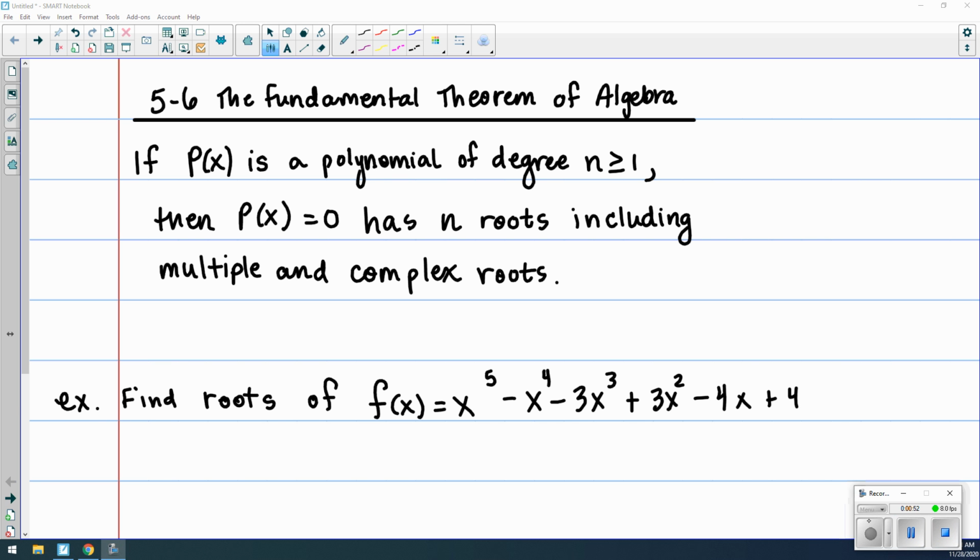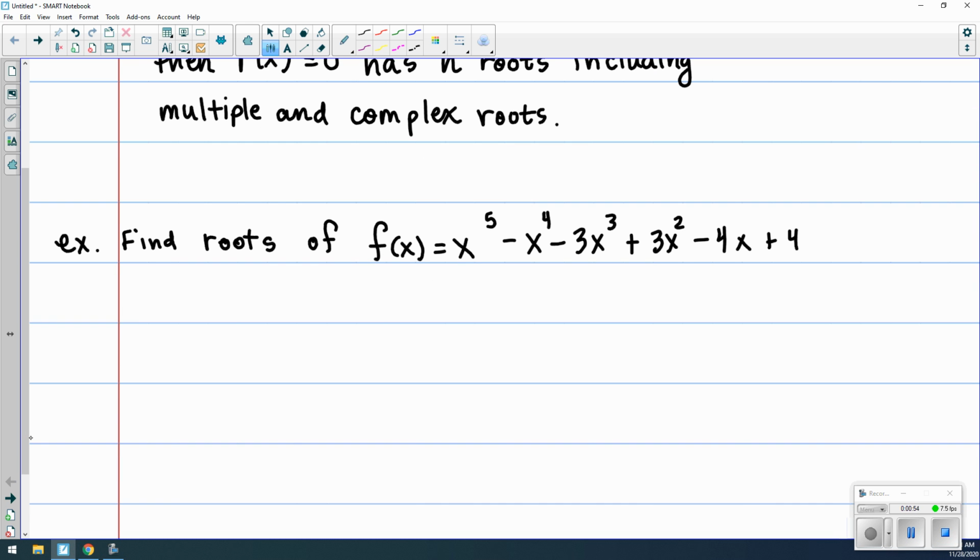Okay, so here we go. Let's find the roots, or the zeros, of this function f of x. The first thing I'm going to do is think about what all of my possibilities are, my possible rational roots. Here I'm using the theorem from the other day, the possible rational root theorem.